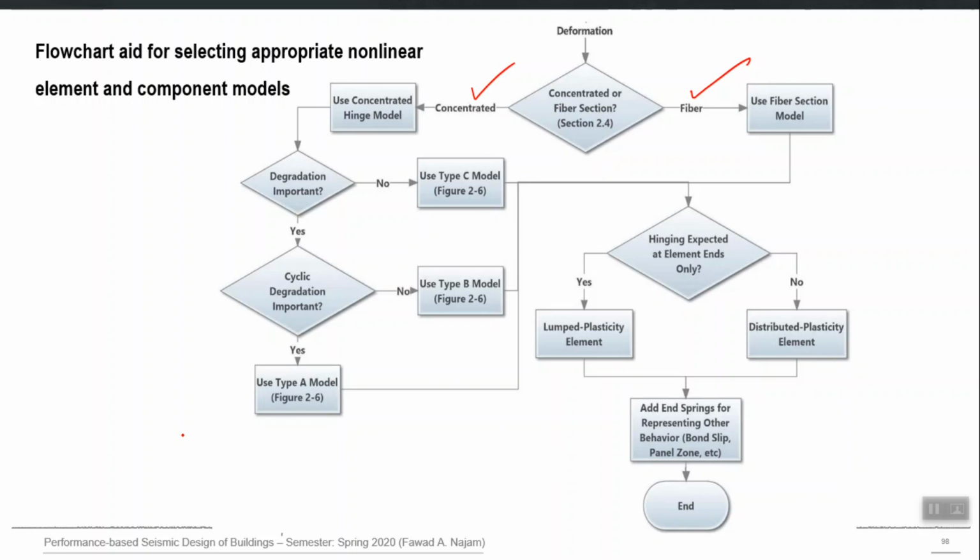So this was an overview of all the approaches, right? We will go into more detail in the next few sessions, and then a practical demonstration of how to include a plastic hinge in the program, in the model, and how to give it a force-deformation behavior as an input, right? And there, how many types of hinges there are, for example, we will discuss in the next session.